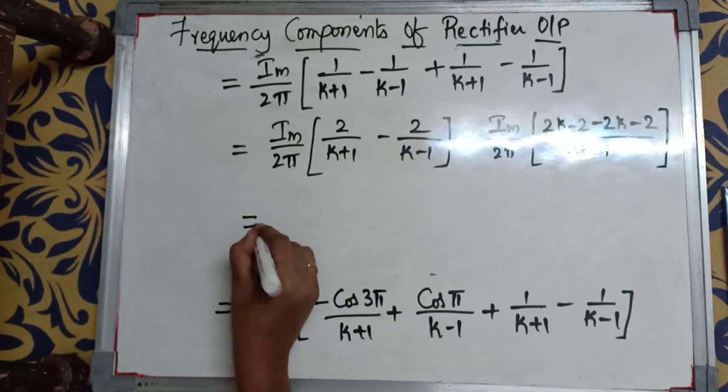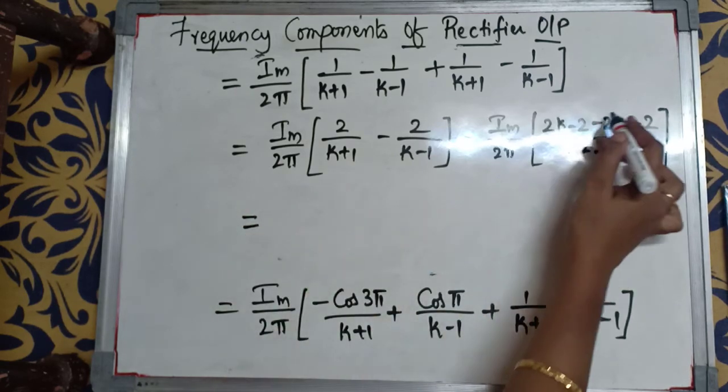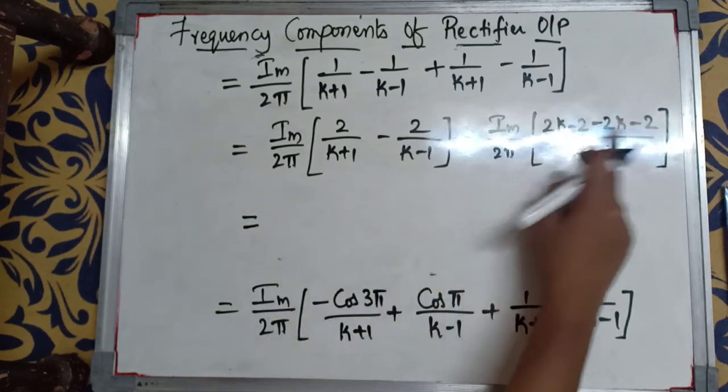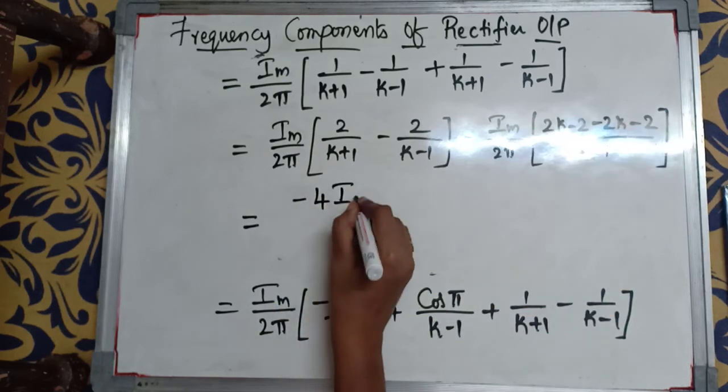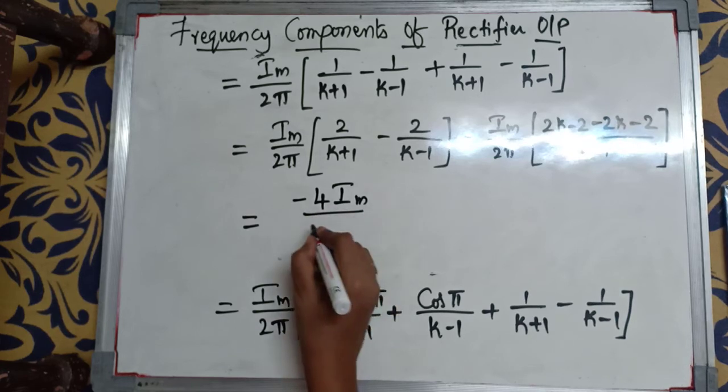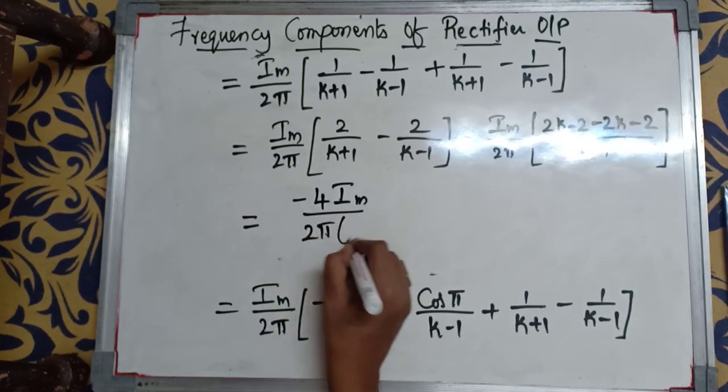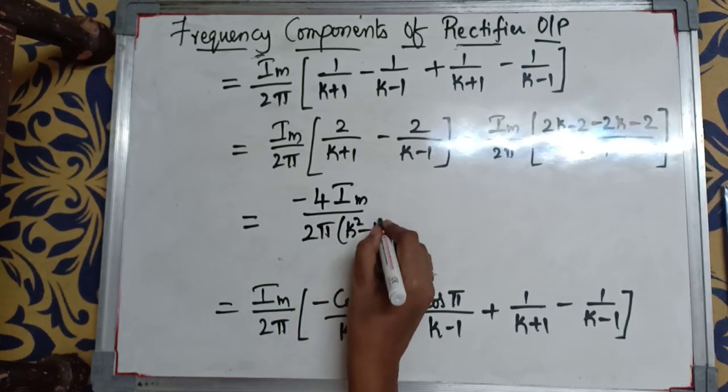Again, after simplification these two 2k's will get cancelled. You will get minus 4 in the numerator. So minus 4 Im by 2 pi into k square minus 1.